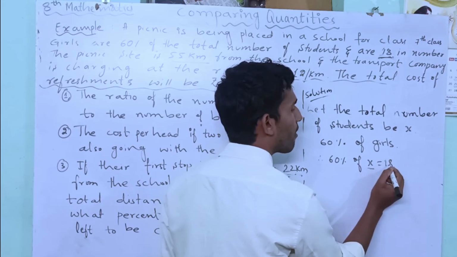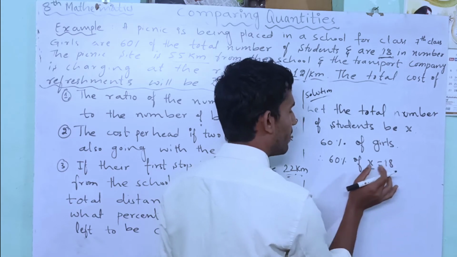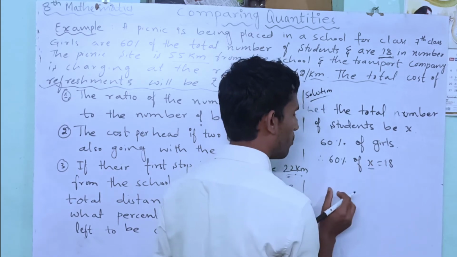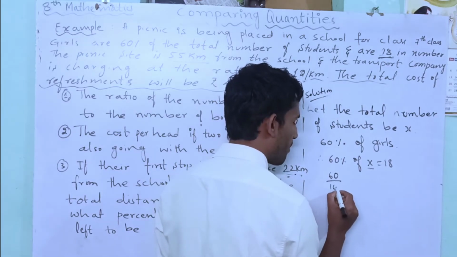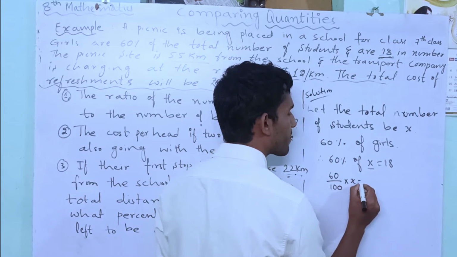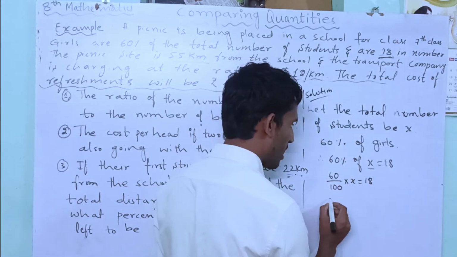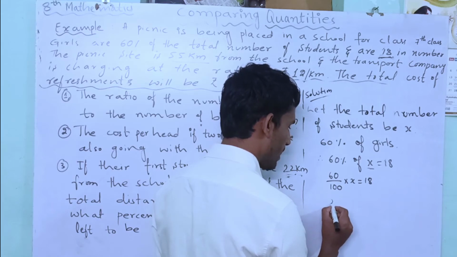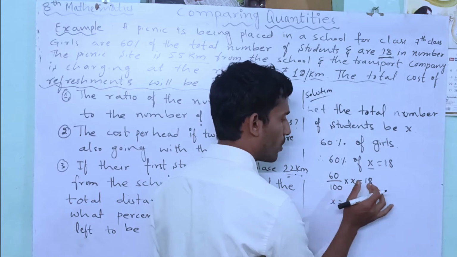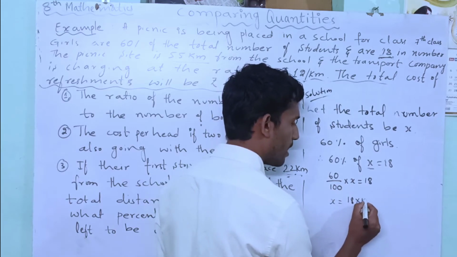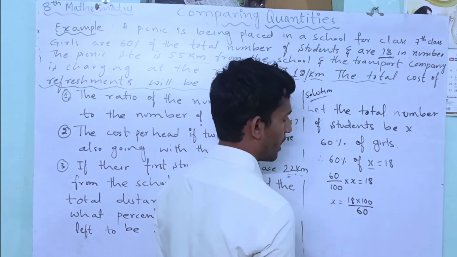The number of girls is 18. Now we have to find the x value. We can write this 60 as 60 out of 100 into x is equal to 18. When you do the cross multiplication, you will get x is equal to 18 by 60; 100 is the denominator and it goes as the numerator.